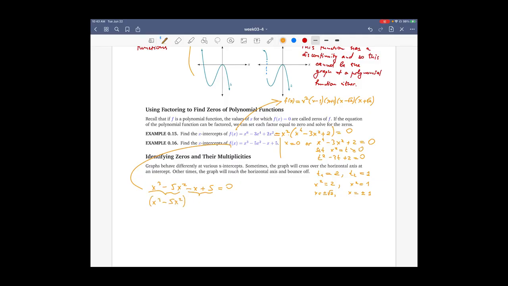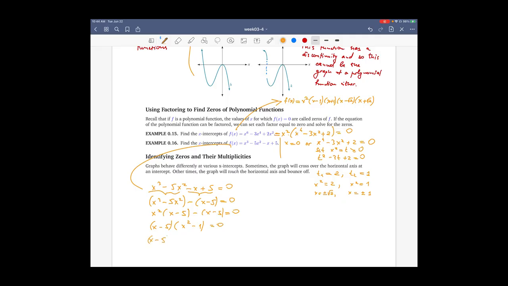We can group the first two terms and the last two terms. In the first two terms, we can factor out x squared, to get x minus 5 in parentheses. Now x minus 5 is a common factor, and what's left in parentheses is x squared minus 1.